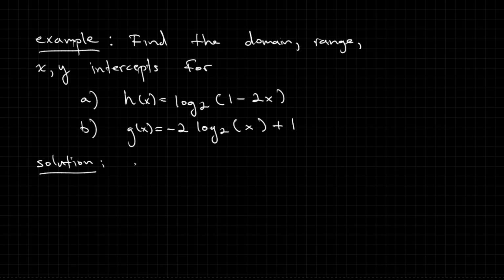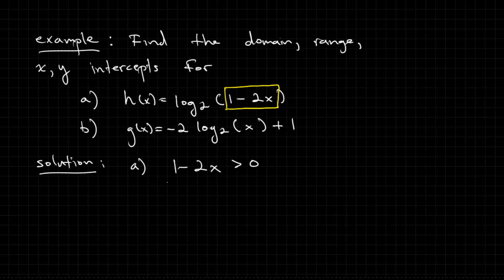Now as for part A, for the domain, we discussed earlier that we can only take logarithms of numbers which are bigger than 0. So we'll set what we're taking the logarithm of, which in this case is 1 minus 2x, to be larger than 0.